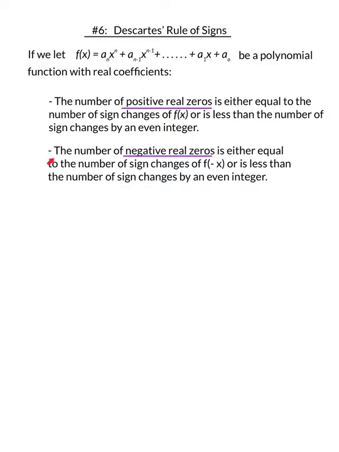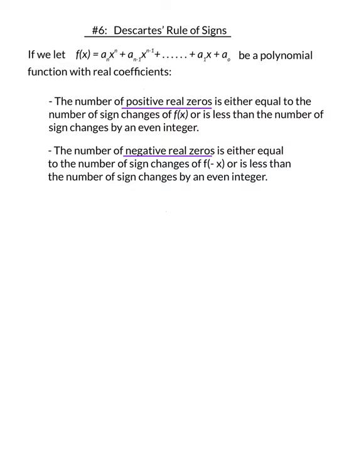And the second statement says that the number of negative real zeros is either equal to the number of sign changes of f of negative x or is less than the number of sign changes by an even integer.